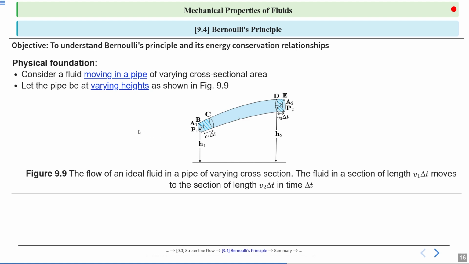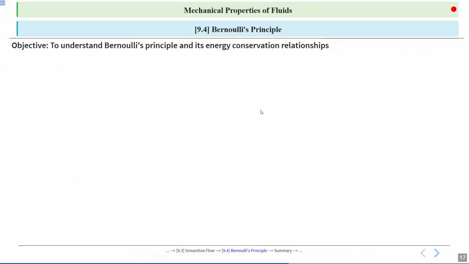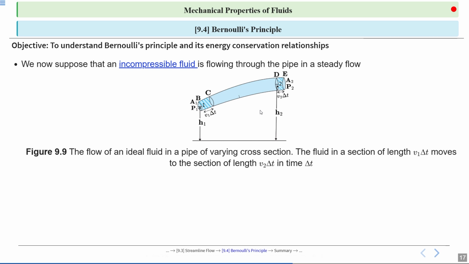Look at the figure: height h1 at point first and height h2 at point second. Now imagine an incompressible fluid, meaning its density does not change, flowing straight through a pipe. Take a look at figure 9.9.